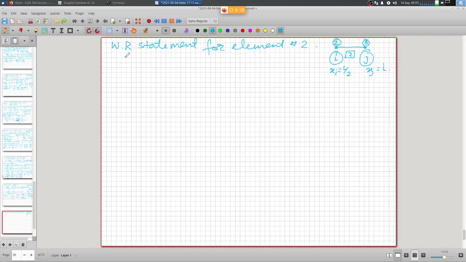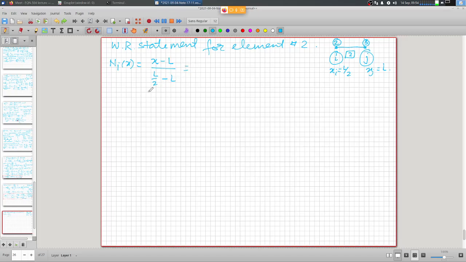So the weighting function, the interpolation function Ni is equal to x minus xj divided by xi minus xj.